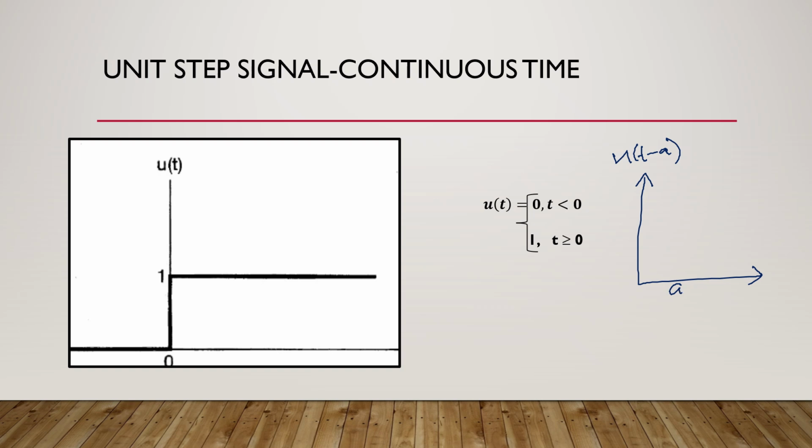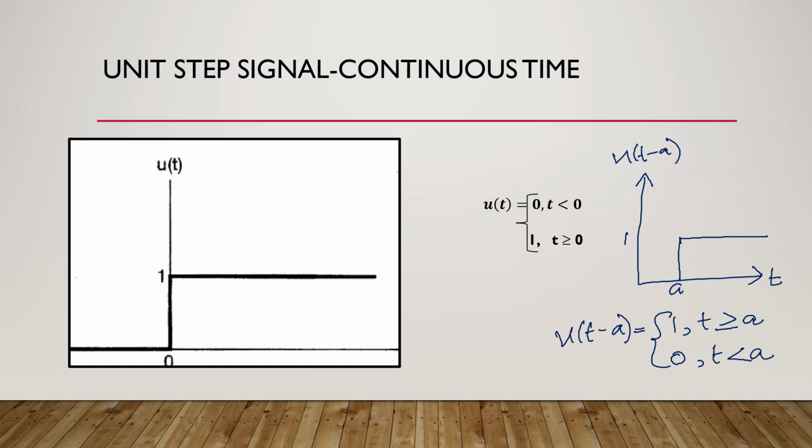From a, the amplitude will be equal to 1 from a to infinity. So u of t minus a is equal to 1 for t greater than or equal to a, and 0 for t less than a.